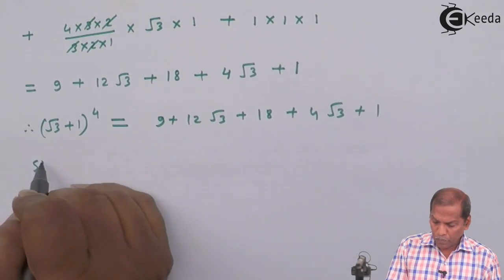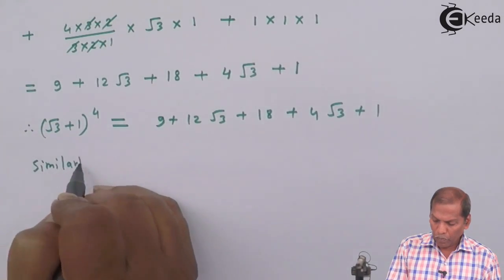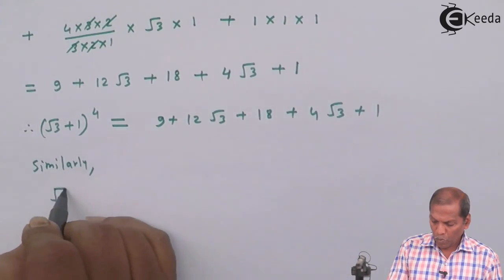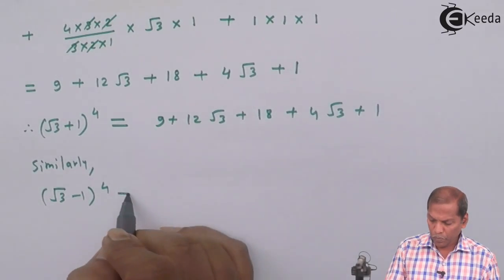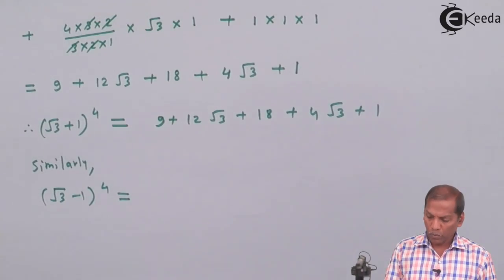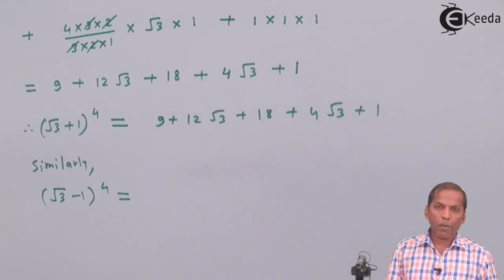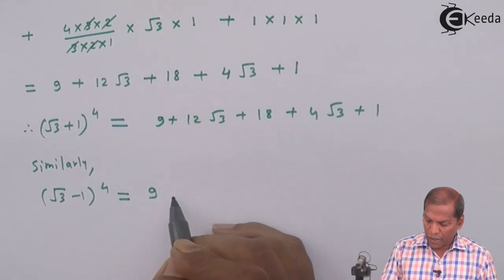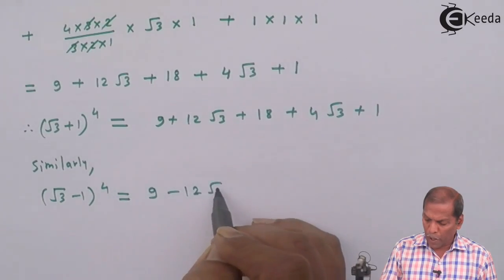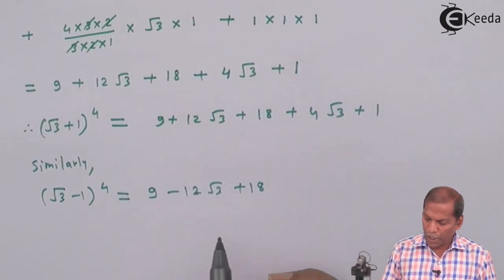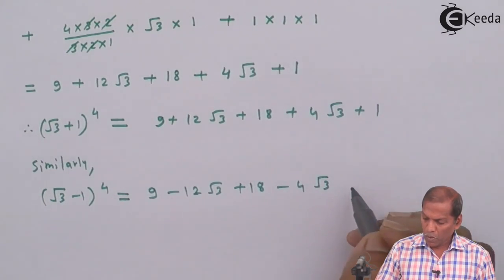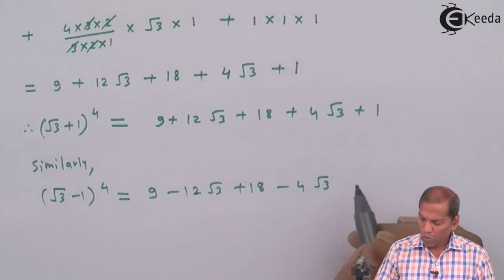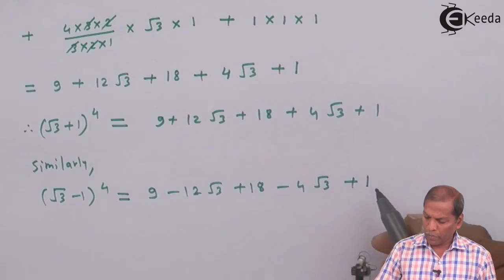Similarly, (root 3 minus 1) raise 4 is equal to, so here again we get the same answer but with alternate sign, that is 9 minus 12 root 3 plus 18 minus 4 root 3 plus 1.